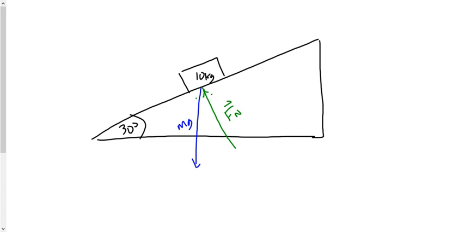B, that it's drawn at 90 degrees to the surface. And C, that we've drawn it roughly the right length, such that this line that we're calling F parallel is the sum of those two vectors, the combined normal force and force of gravity. That force needs to be drawn from start to finish, and it needs to be drawn parallel.